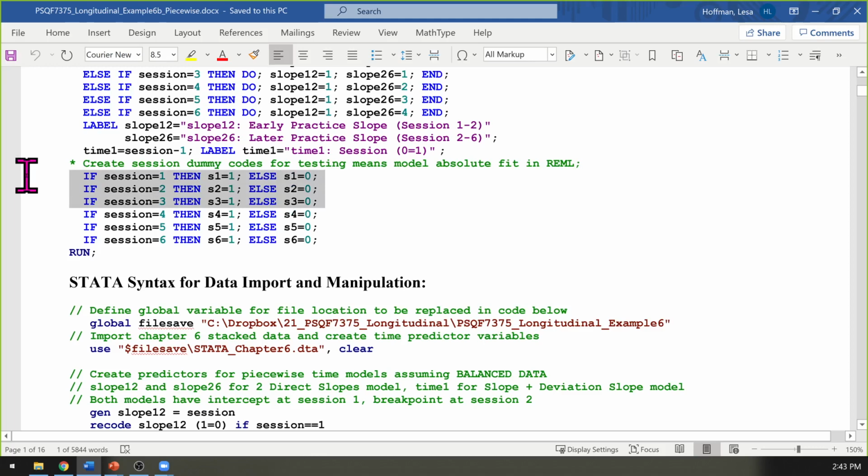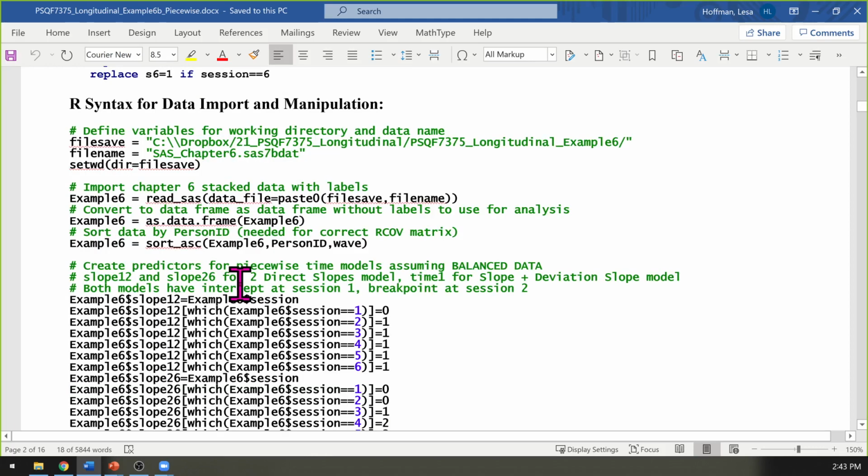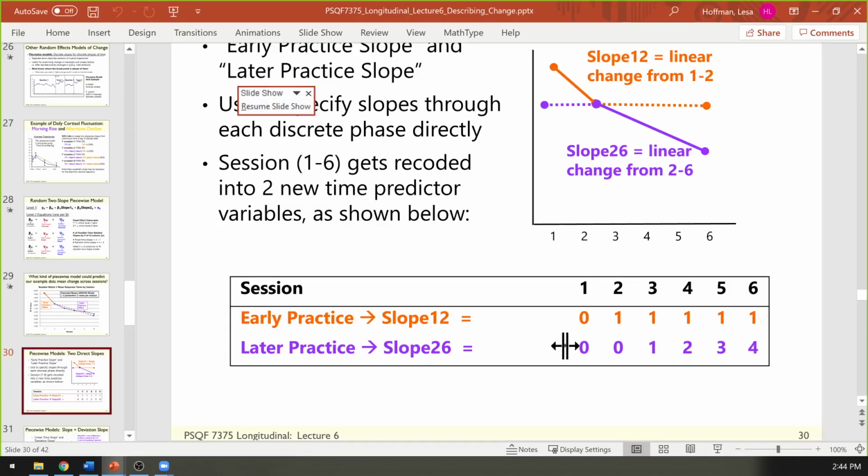Okay, so looking at the code to create the slopes, are there any questions about how that's working or why the values are what they are for this example? The idea of building a table like this for your homework 4, by the way, highly recommend. Build a table like this to visualize what the code needs to do.